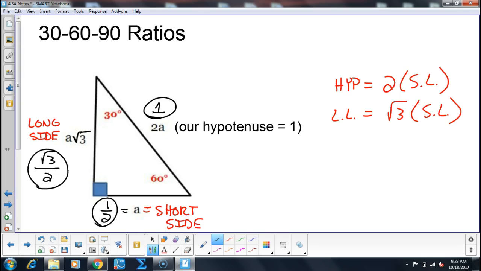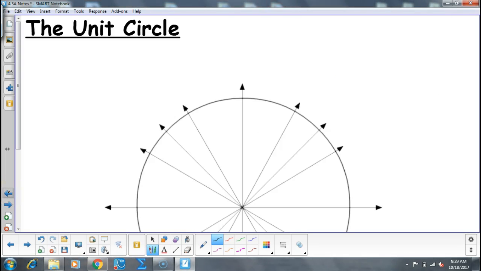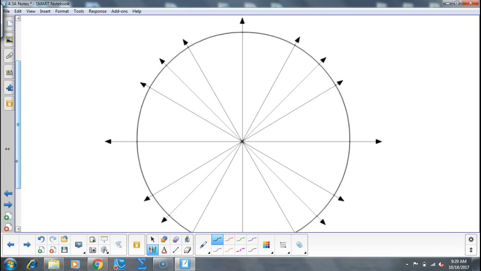Okay? All right. So let's go to the unit circle now. We'll put these in purple. Okay. So this now becomes the point, the square root of 3 over 2, comma, 1/2. In terms of degrees, we said that this was 30 degrees. In terms of radians, that's pi over 6.